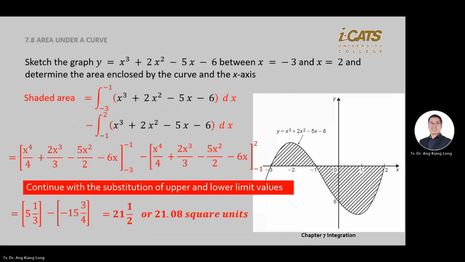Right? 1 over 3 is 0.333, plus 3 over 4 is 0.75. So it should be 1.08, so it's 12. So it's not a half, but 1 over 12. The unit is important, square unit. This is the final answer.